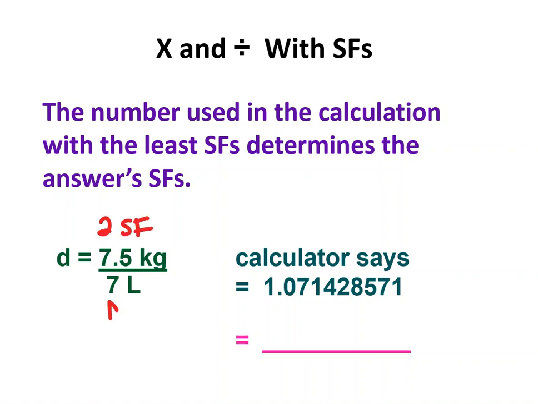The bottom number just has 1 sig fig. The number used with the least sig figs determines where to round the answer. So I have to round this answer to just 1 significant figure. So I'm going to drop off all of that. Okay, so that dropped to 1 sig fig.